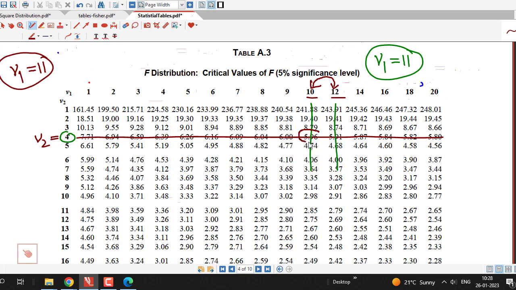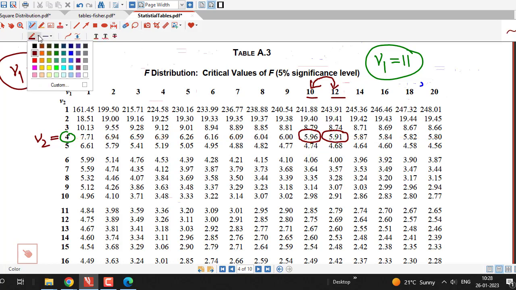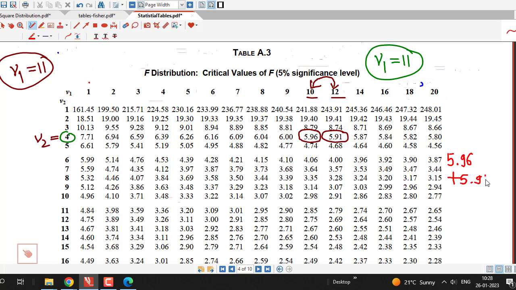So this is 5.96, this is 5.91. I have found these two intersecting points. So I will consider my value as the average of these two, 5.96 plus 5.91 divided by 2.